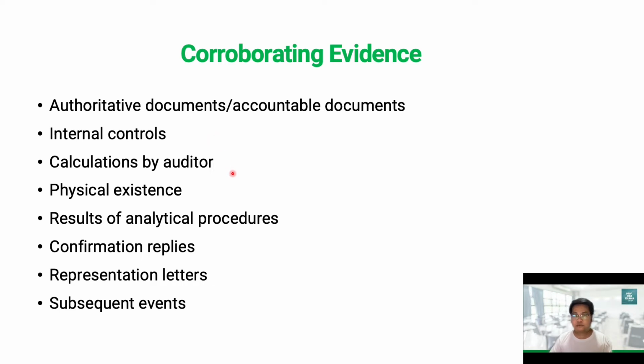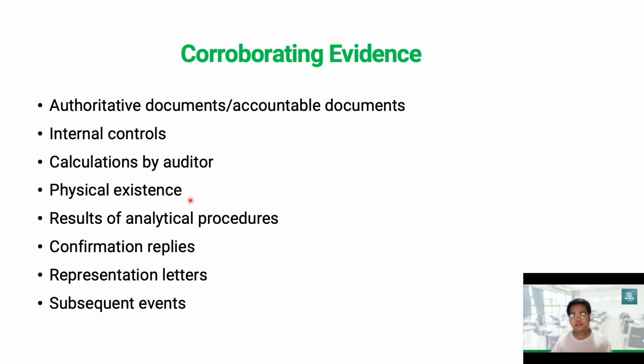Another supporting evidence is our own calculations as the auditor. For example, we recalculate the depreciation or amortization expense of the client, interest income or interest expense, tax expense, and tax liabilities. When we recalculate them, those are also considered corroborating evidence. Physical existence of, let's say, an asset via observation and count is also corroborating evidence.